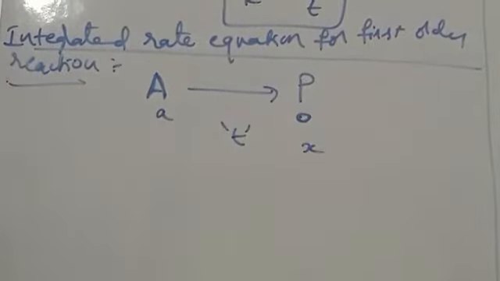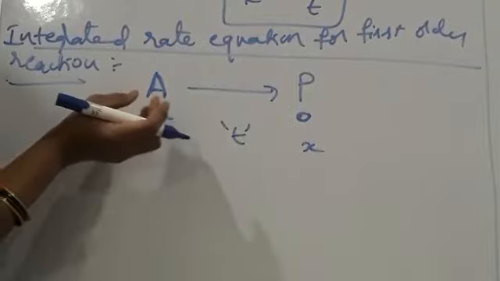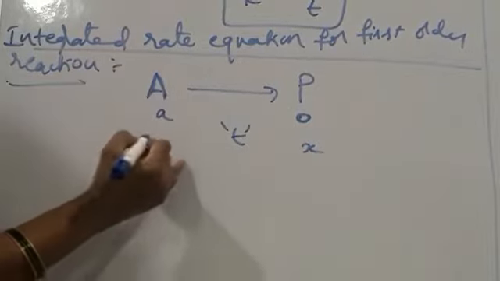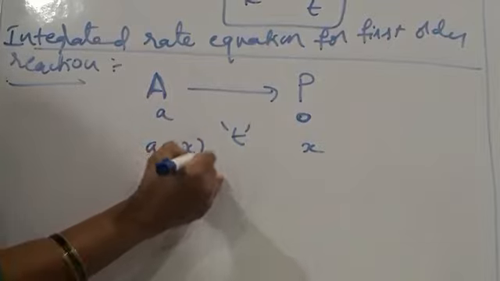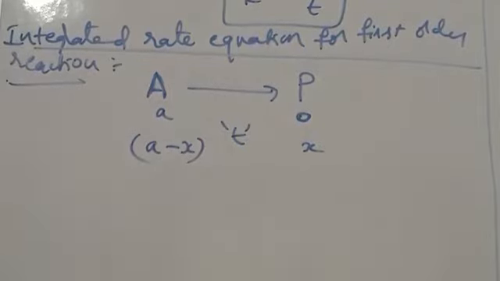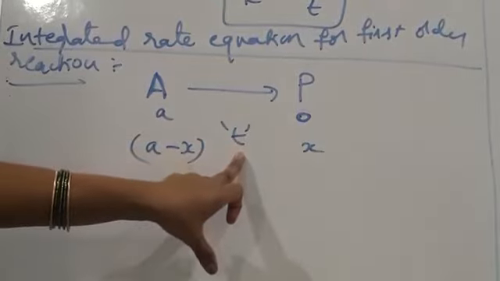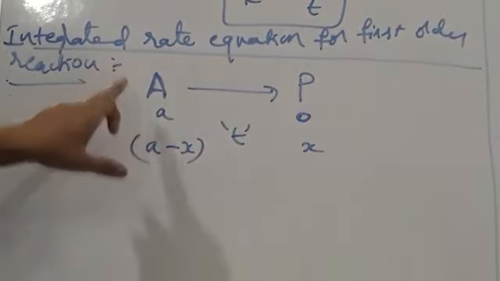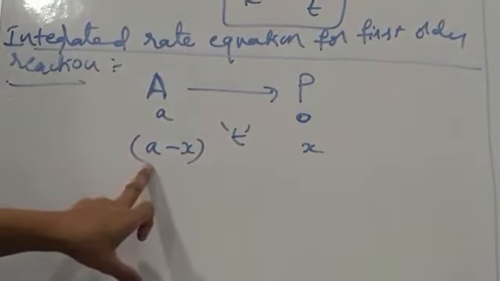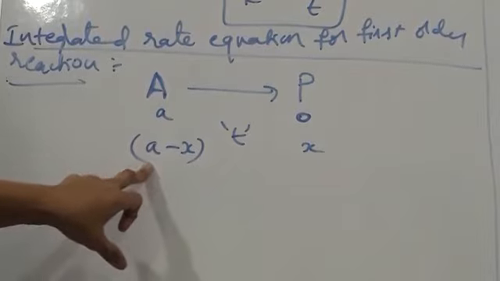Okay. And number of moles of reactants left is a minus x. Okay. So, at time t, concentration of reactants is equal to a minus x.